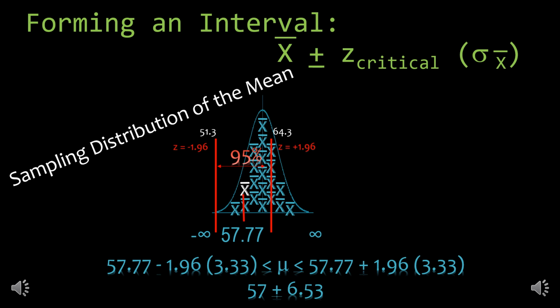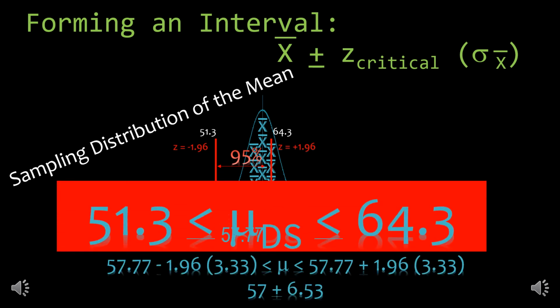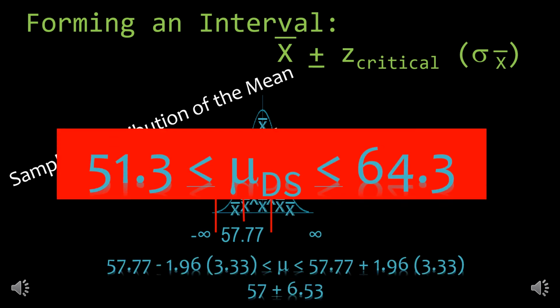And this process produces a range of means that likely falls about our missing population mean, just like the researcher requested. And now we know that mu for the Deep South folks is likely somewhere between 51.3 and 64.3 minutes of exercise per week.